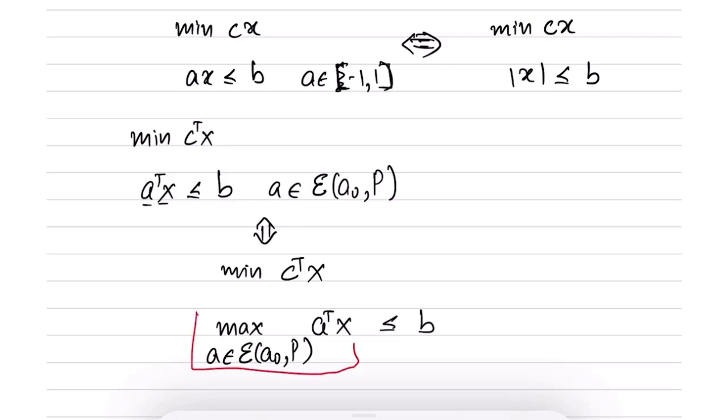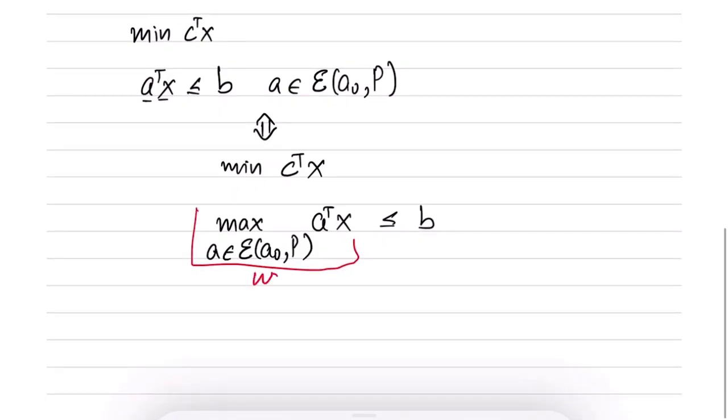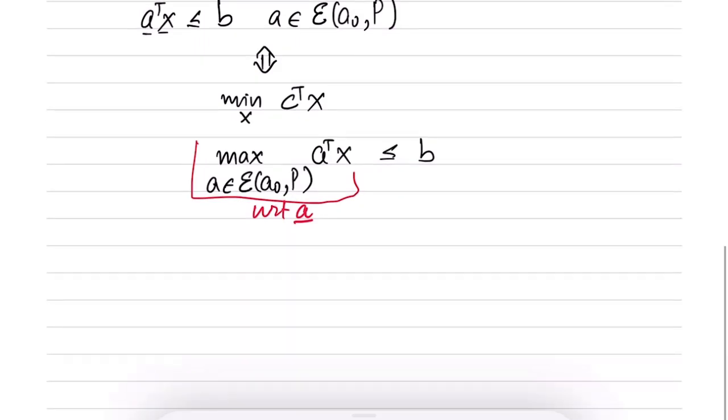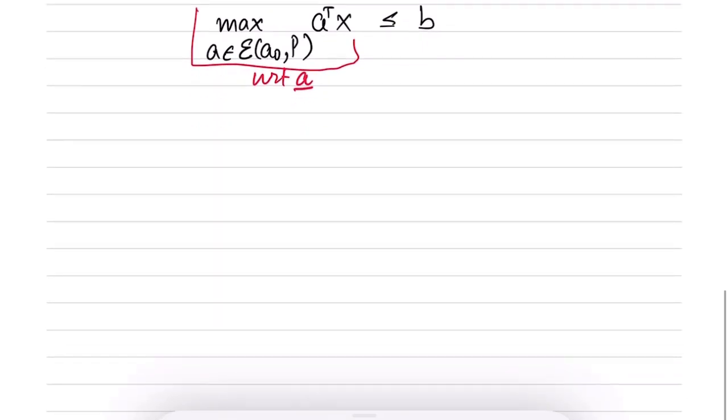This maximization is with respect to A while keeping X as constant, and the outer minimization is with respect to X.